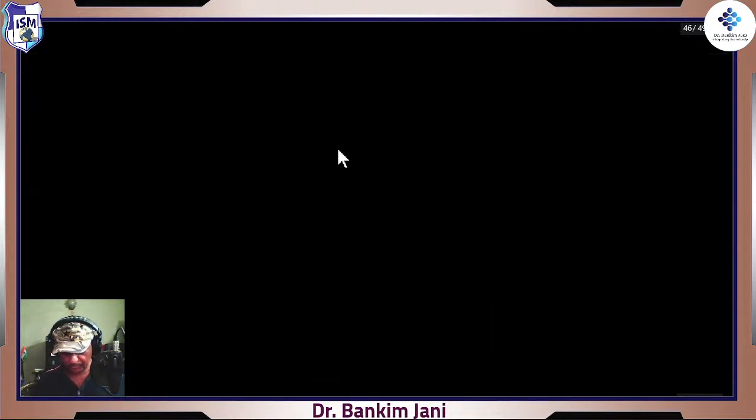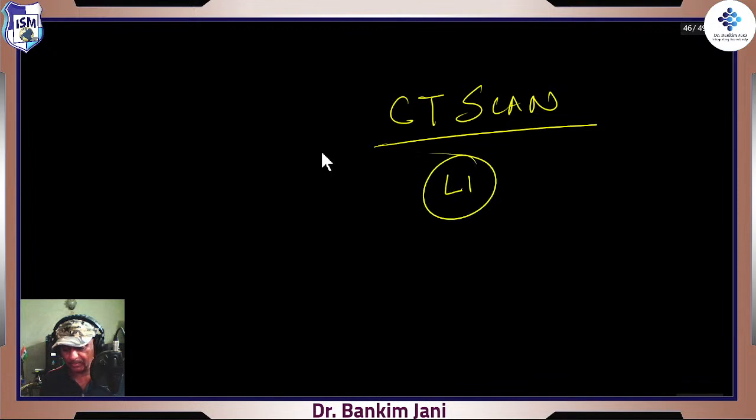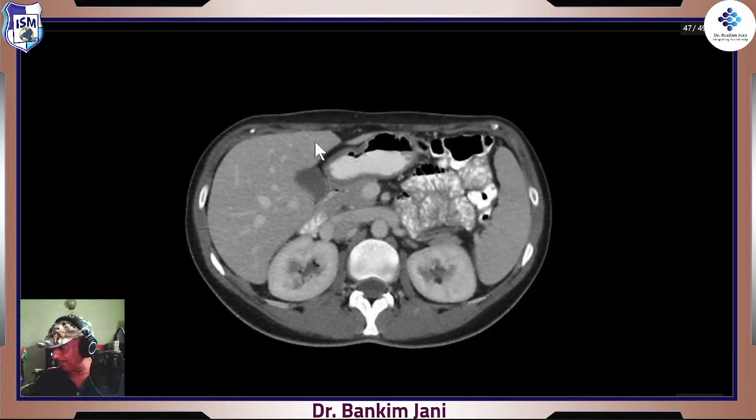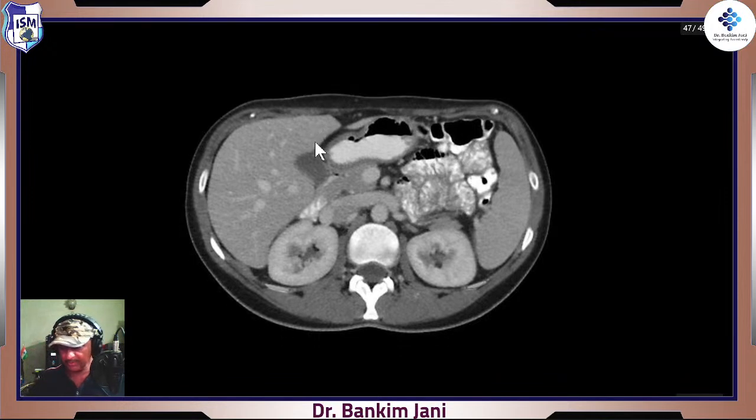Now this is the CT scan. The level is L1. We'll see systematically. We'll spend a good 5 minutes on this so that we understand every component in that order. So let's start with this.